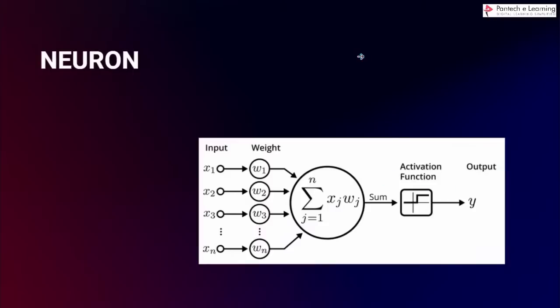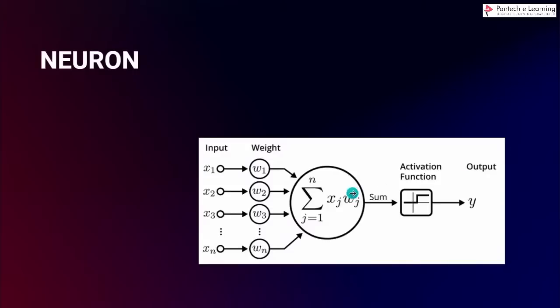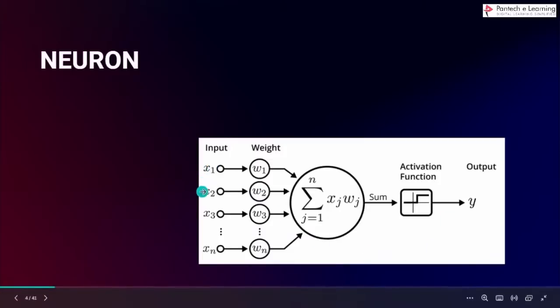Starting with a neuron, this is what a neuron looks like. Here we have a neural network, but when you go inside the network, you see each neuron. This is the architecture of a neuron, where you have a lot of inputs, and these inputs are given some weight.